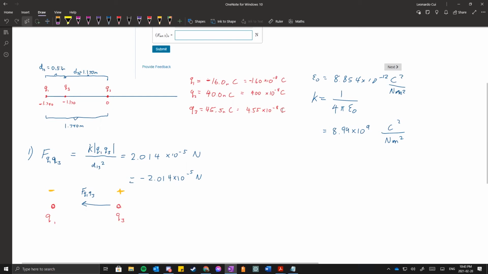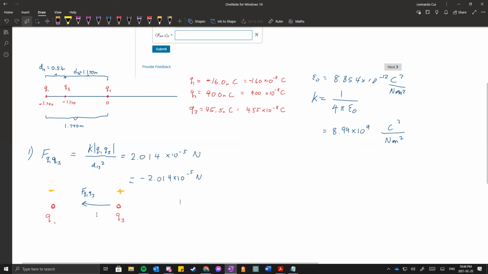And plugging all of our given values, Q1, Q3, and K, and our calculated value, the distance between 1 and 3, into the equation, we get a magnitude of force of 2.014 times 10 to the power of negative 5 newtons.